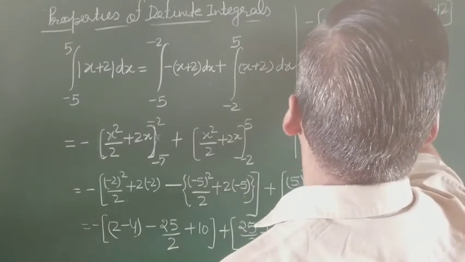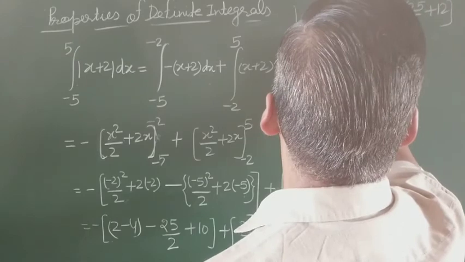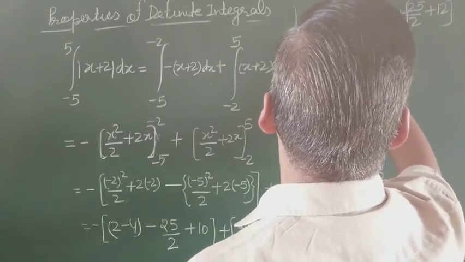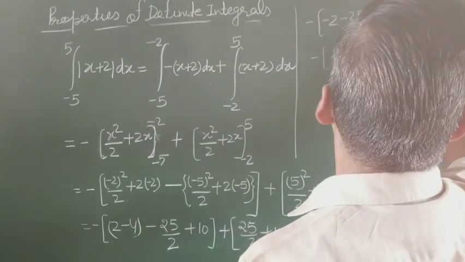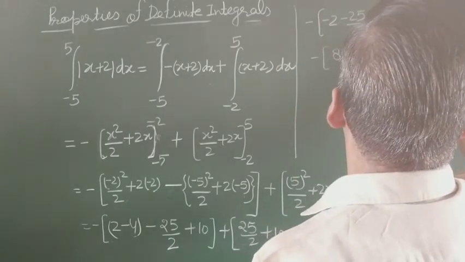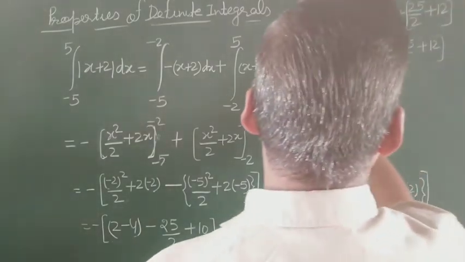Let us solve. 10 minus 2 plus 8 minus 8, 25 upon 2 plus 25 upon 2 plus 12. Let us open the bracket.